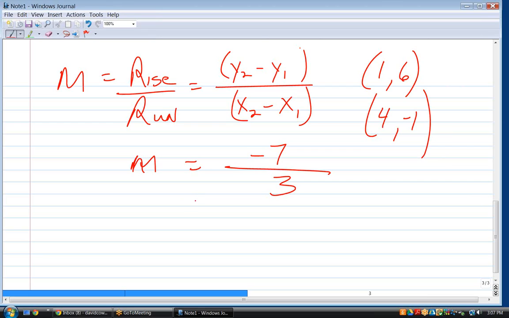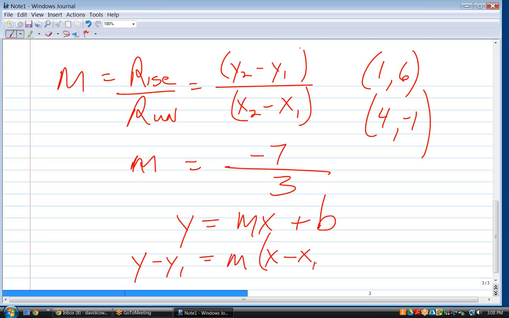Well, first of all, let's talk about what the equation of a line looks like. We've got this equation of a line, but we also have this equation of a line. This equation is slope-intercept format.